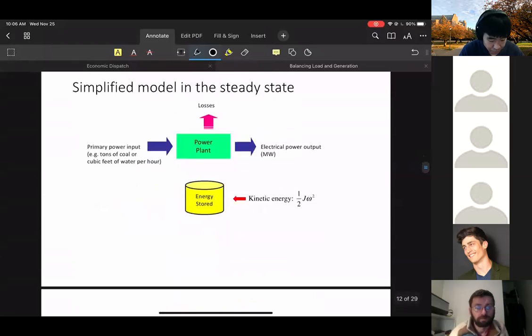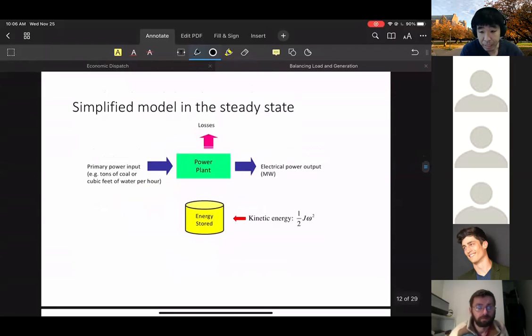Okay, so let's look at this simplified storage model. What we want to do is say this loss is small, and we're going to ignore the loss for now. It doesn't change any of the argument. It's just one more extra term we have to write. So we're going to assume that's 0.